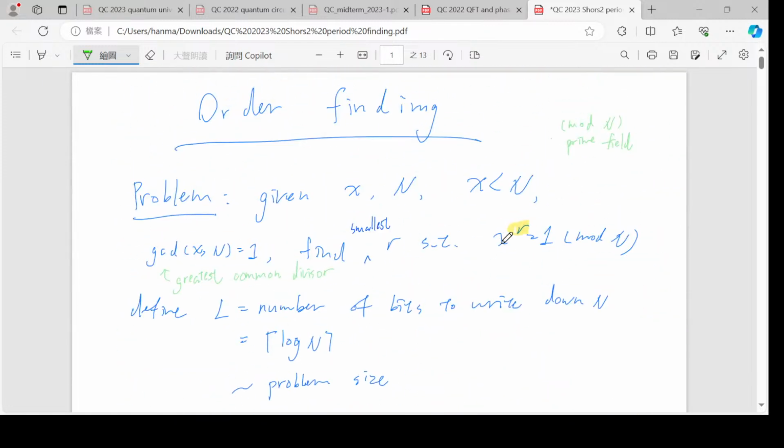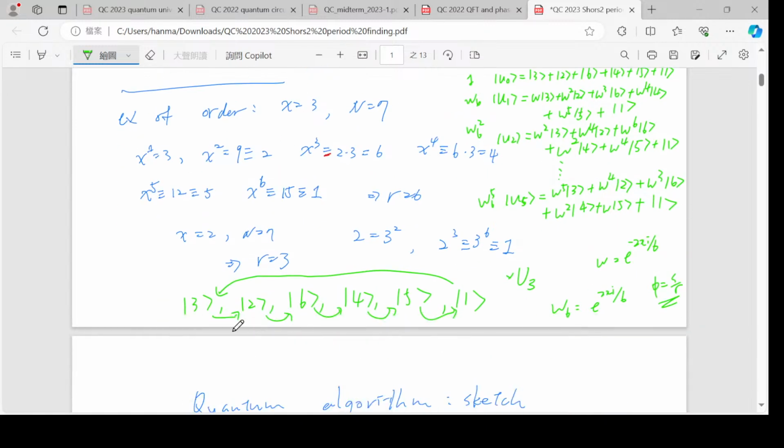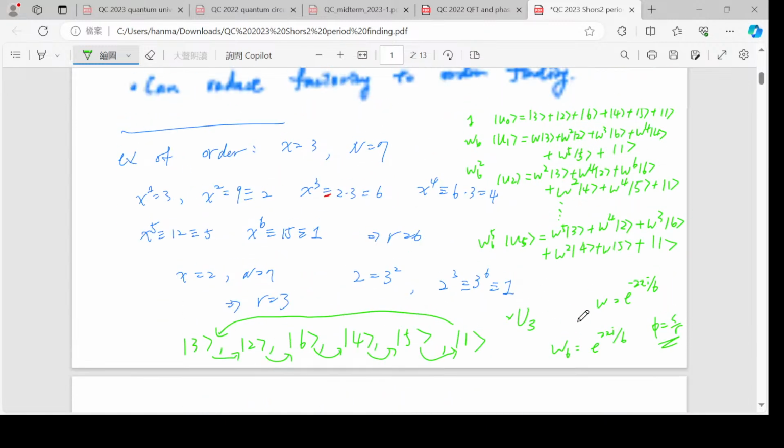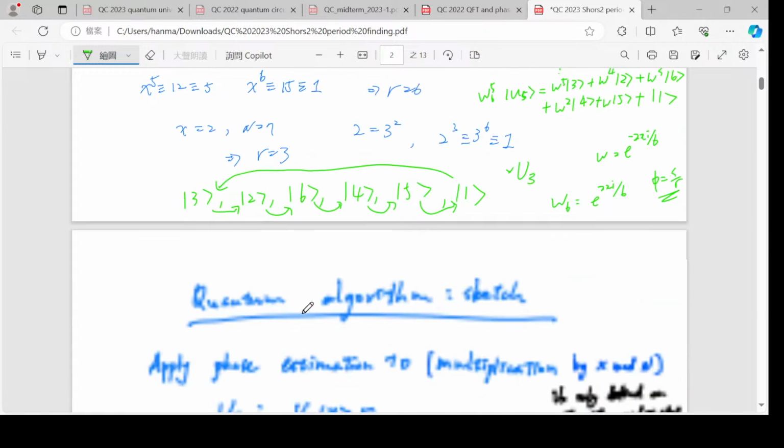And so that's the order finding idea, and then as we said, 1 is the equal superposition of all of them. So you can use 1 as the input to your phase estimation, and you will get the equal superposition of one of those outputs.